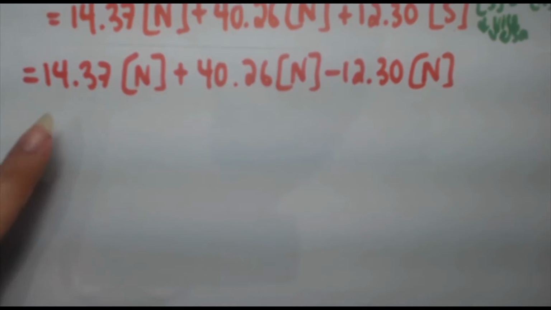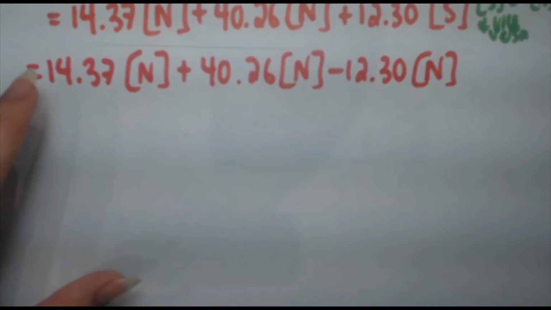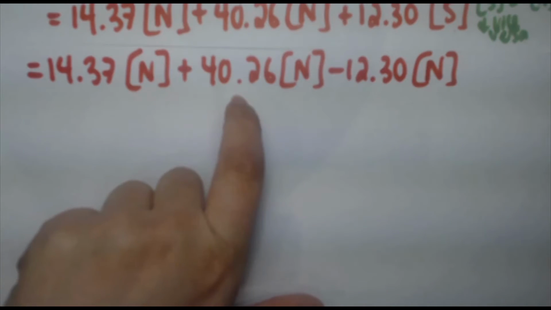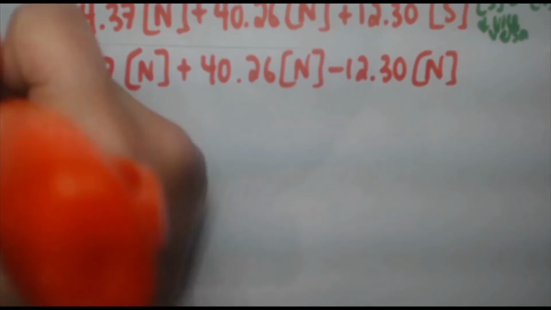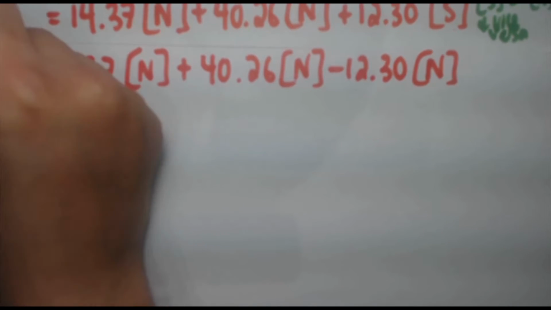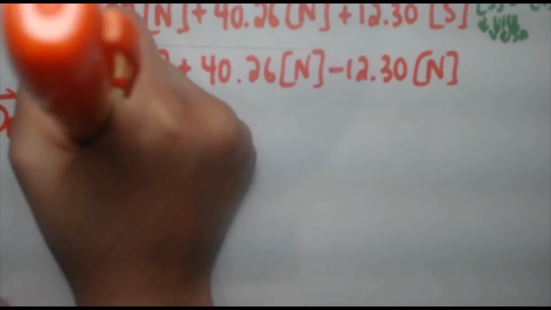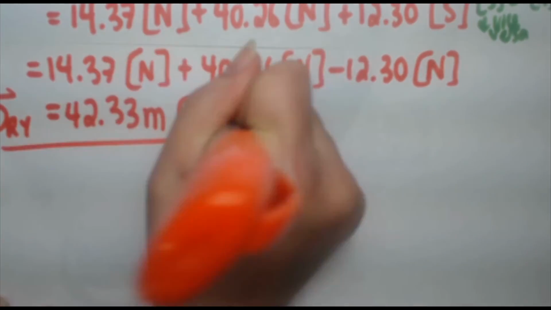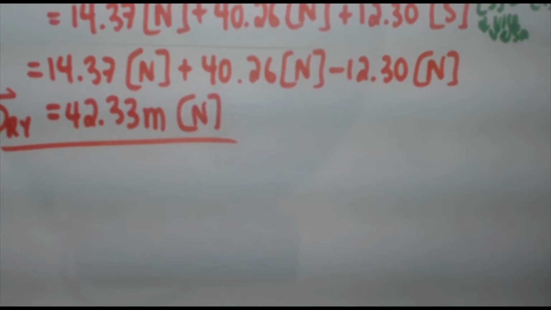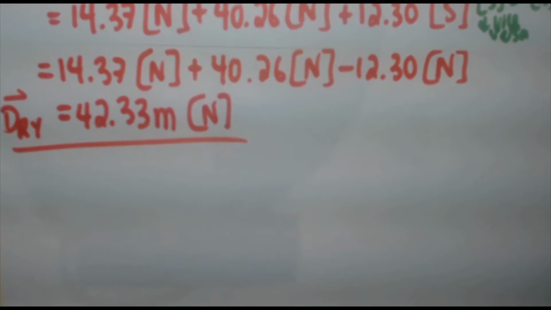Again, now it's just a linear problem. They're all in north, so you can just do 14.37 plus 40.26 minus 12.30. And when you do that, you're going to get your resultant in the y direction to be 42.33 newtons north. Okay, so now we've got the resultant in the y, we've got the resultant in the x.